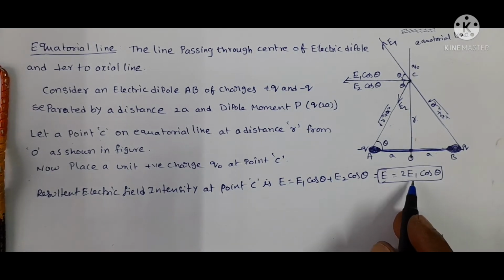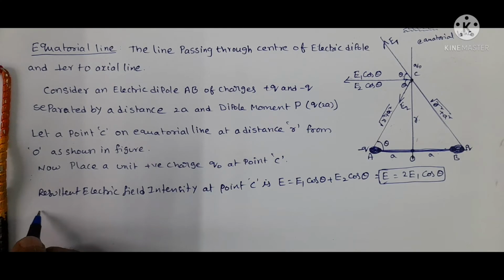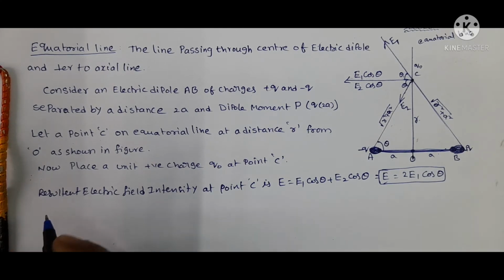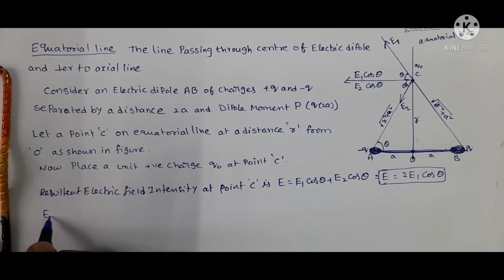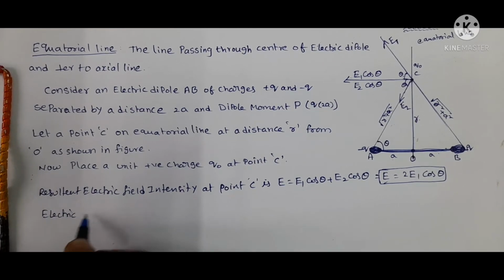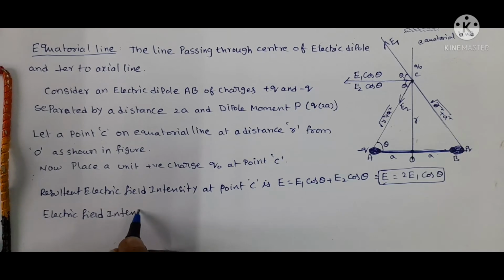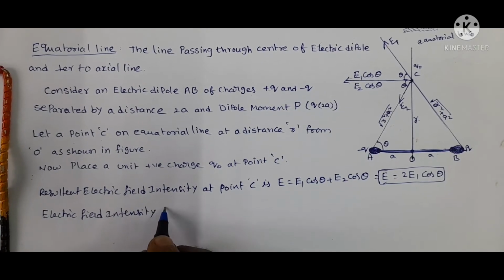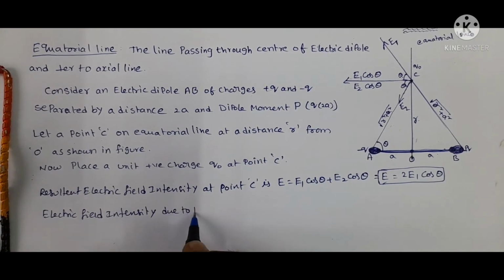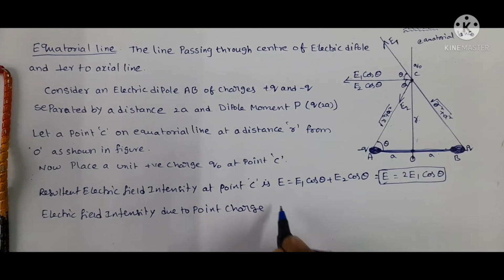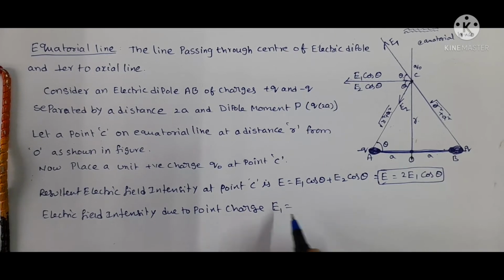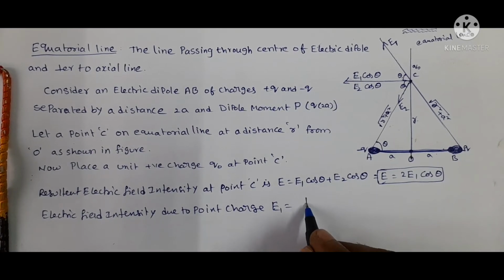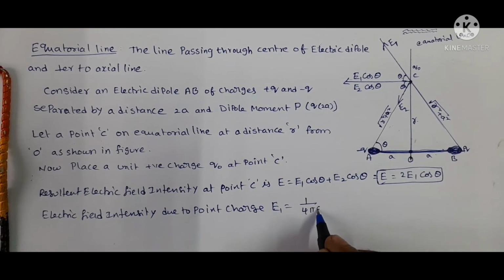As we know the formula for E1, the electric field intensity due to a point charge, E is equal to 1 by 4 pi epsilon naught Q by R square.